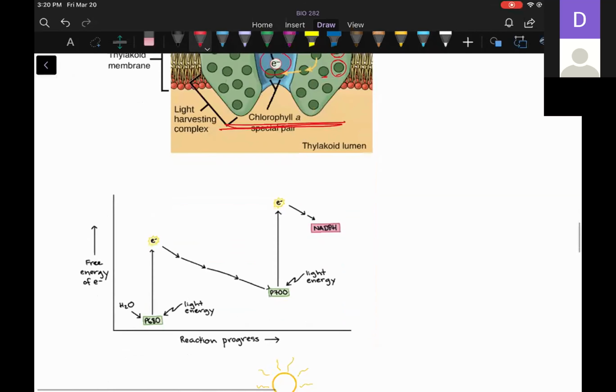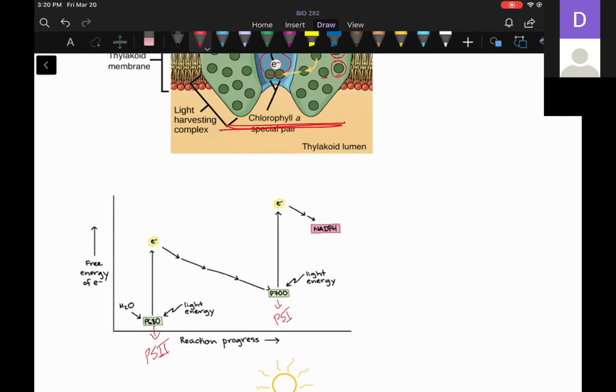So P680 is photosystem 2. P700 is photosystem 1. One thing I want to mention is it's called a Z-scheme because it looks like a sideways Z. A helpful way of remembering this is to draw a Z on your paper for the exam, label each point of the Z, and remember what happens in each part.